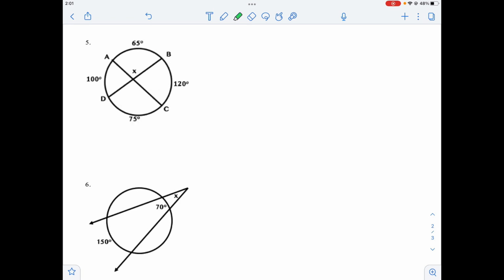For number 5, we have two chords. We have a chord here and a chord here. And we are trying to find the x value. So we're going to use the chord theorem. So we're looking at the arcs that are kind of across from this x, okay?